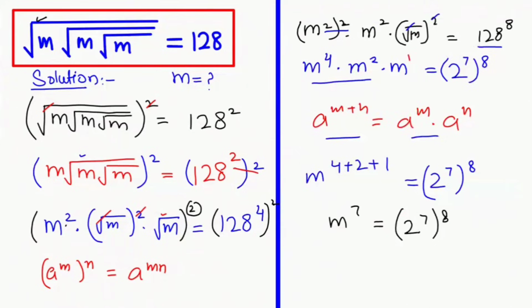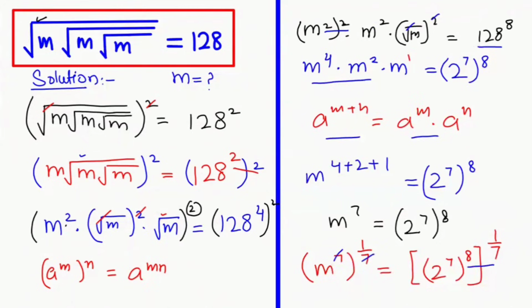In the next step, I am going to raise 1 over 7 on both sides: m to the power of 7, whole to the power of 1 over 7, is equal to 2 to the power of 7, whole to the power of 8, and this whole to the power of 1 over 7. Again, the powers are multiplied here, so we write 8 over 7, and this and this get cancelled.